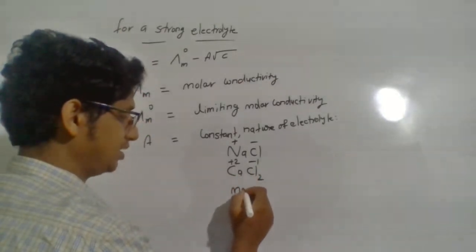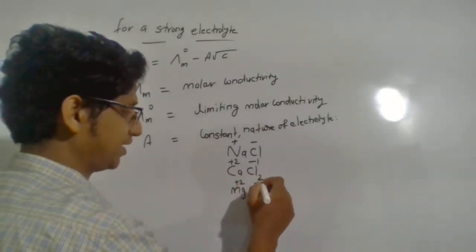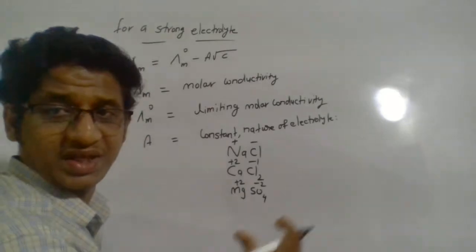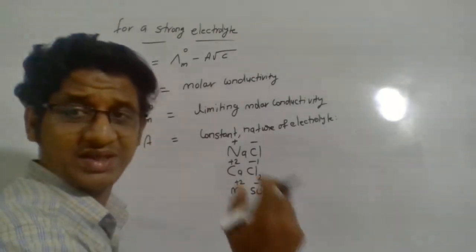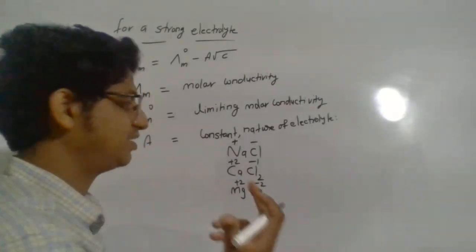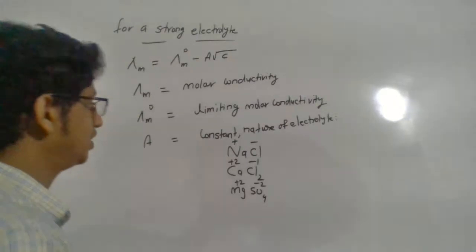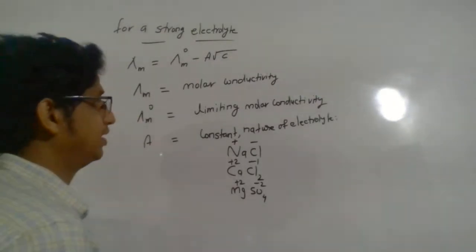Another one, MgSO4, where magnesium is +2 and sulfate is -2, so this is a 2-2 type electrolyte. So depending on the nature of the electrolyte, the A value varies. A is a constant, but it depends on the nature of the electrolyte.